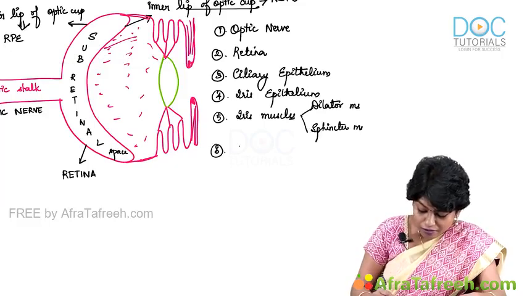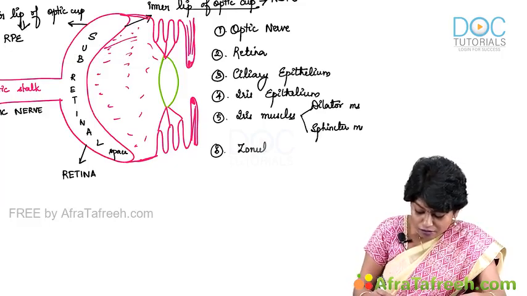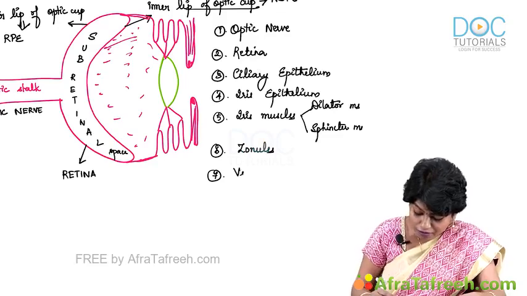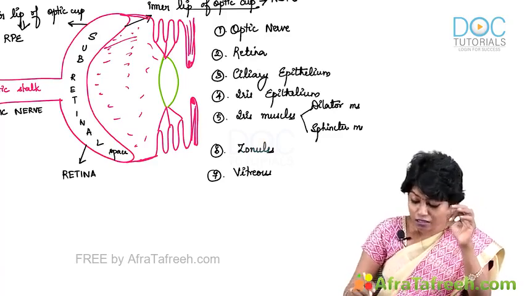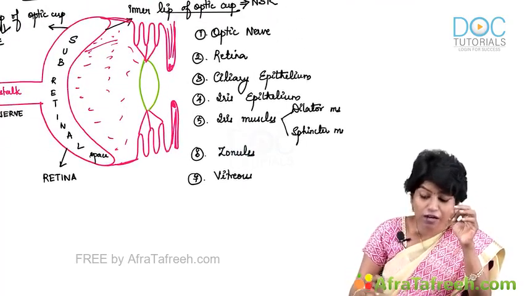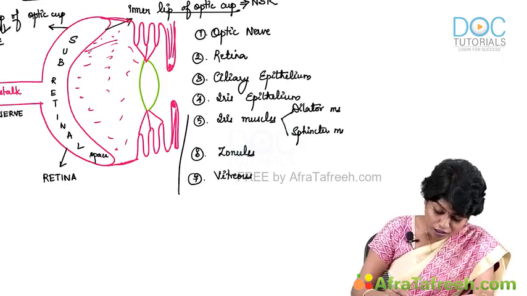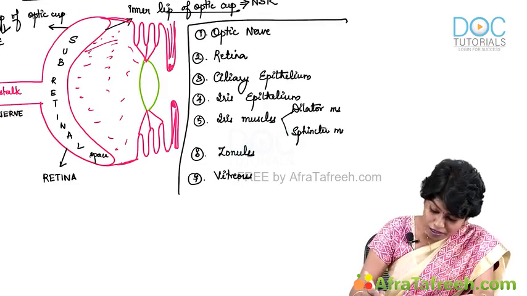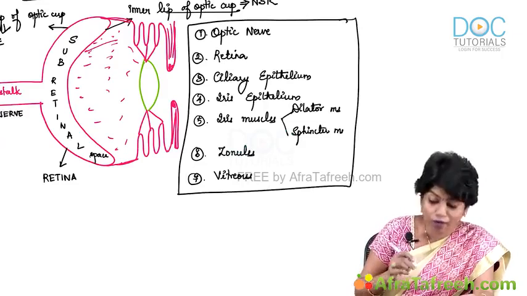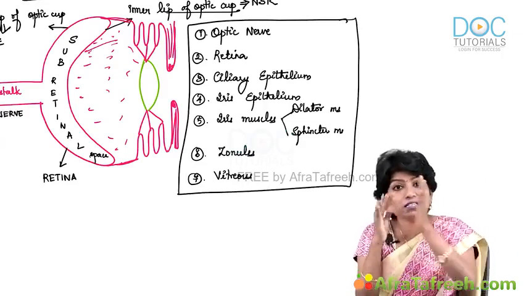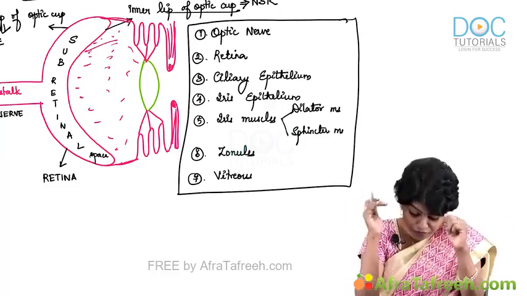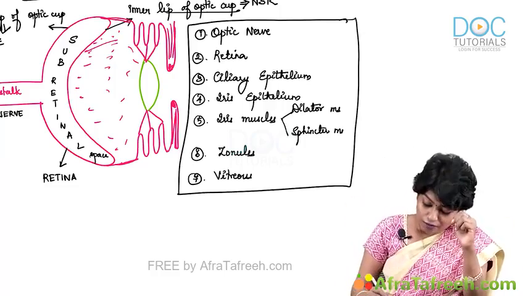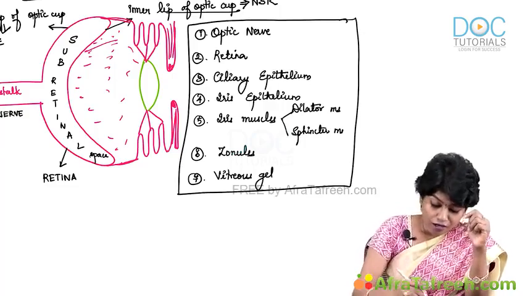Then the zonules and the vitreous. So, these are the structures that arise from neuroectoderm: optic nerve, retina, ciliary epithelium, iris muscles, the zonules and the vitreous. Now, the vitreous gel, is that clear?